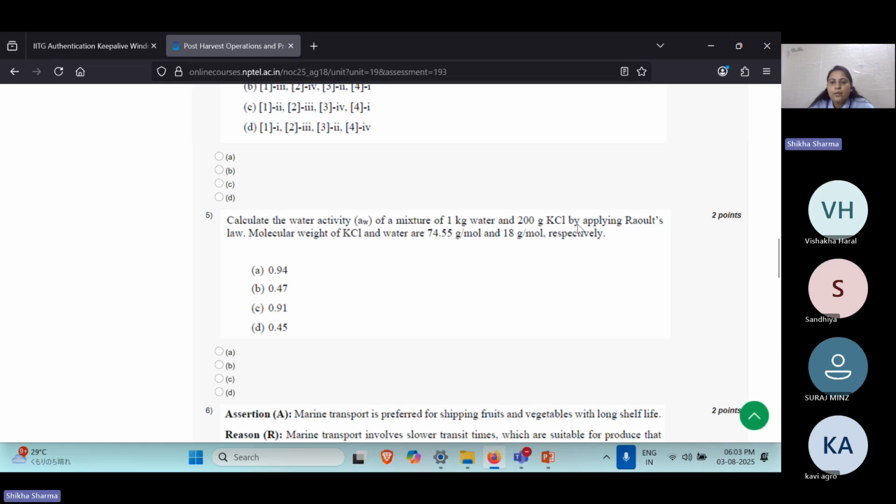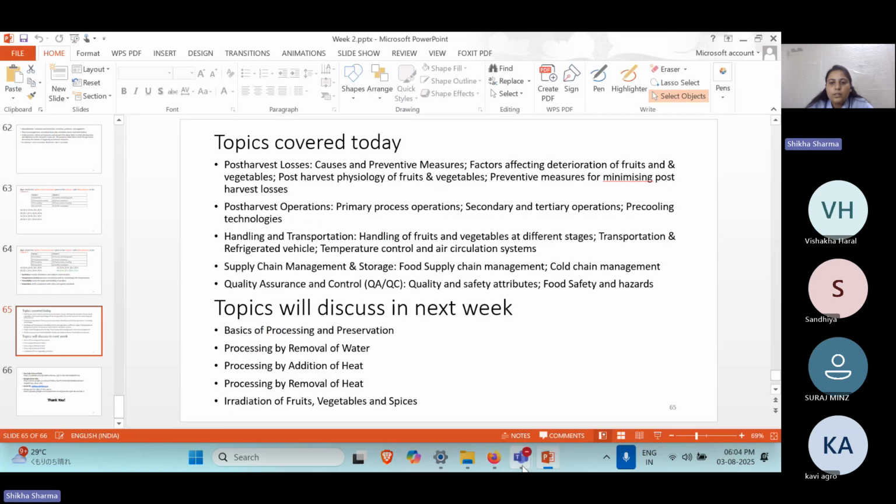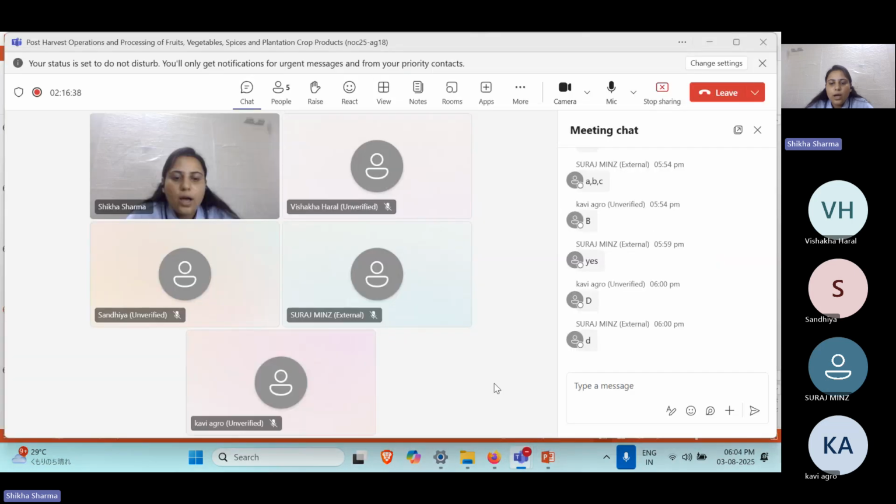Then 200 gram of KCl is given, and the molecular weight of KCl is given as 74.55 gram per mole. So from this also moles can be calculated, and from that mole fraction can be calculated, and then water activity can be calculated. So I just wanted to give you a hint to solve this question.